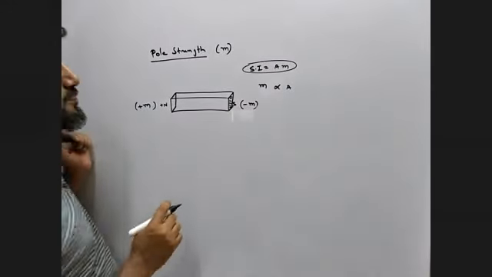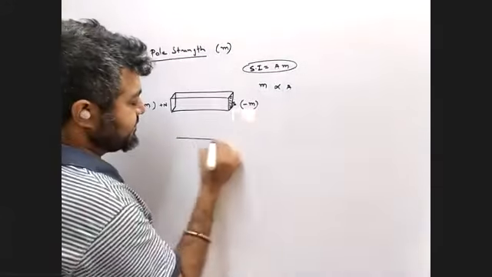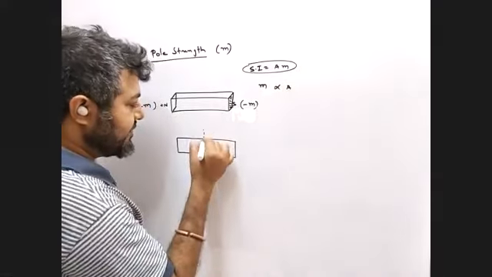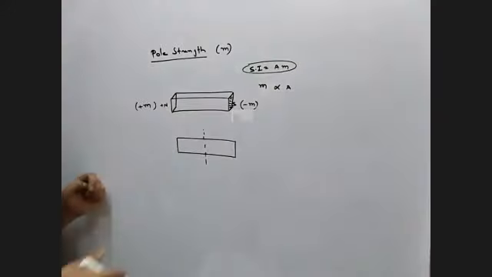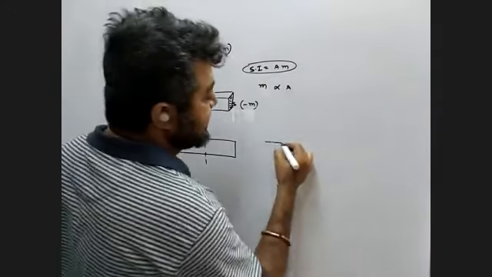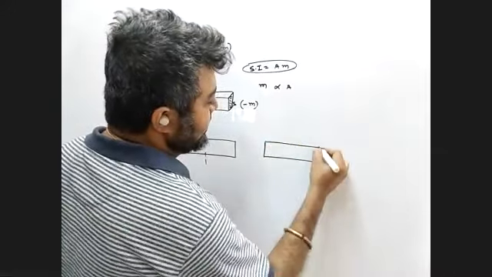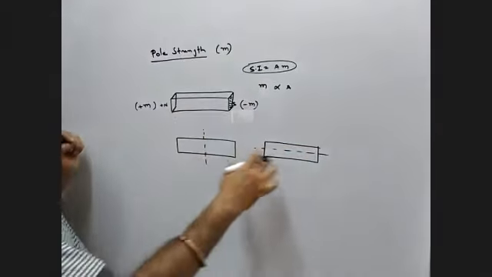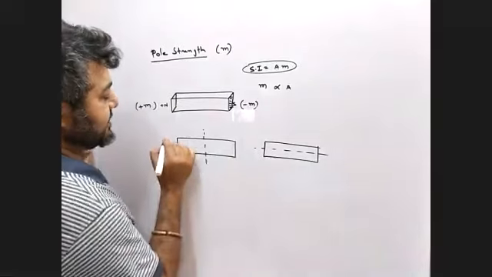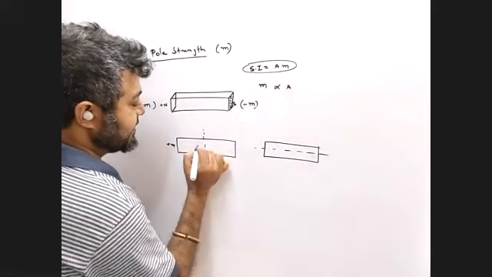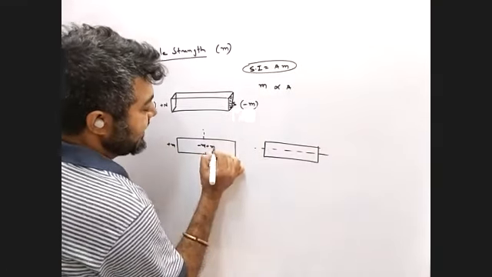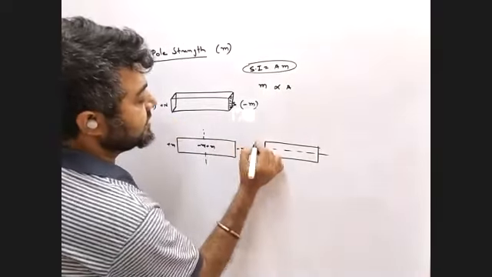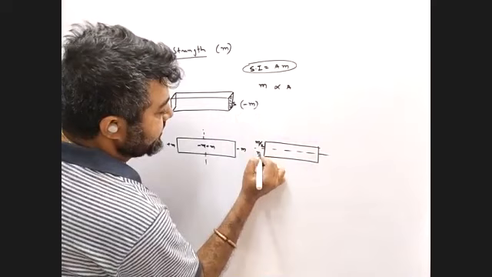that if we cut a magnet in this way, horizontal section, and if we cut a magnet in this way, vertical section. In the vertical section, my pole strength remains as it is, but in the horizontal section it will be half.